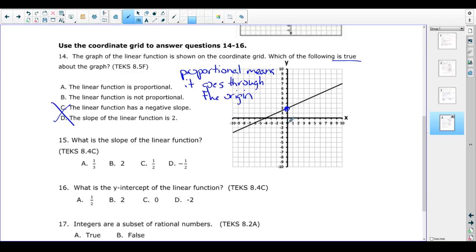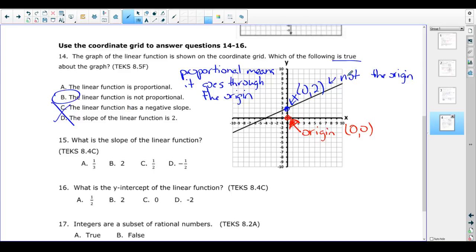If you're not sure, this is the origin down here. Origin. The center of the grid. 0, 0. This right here, this is 0, 2. That is not the origin. And since it does not go through the origin, it is not proportional.